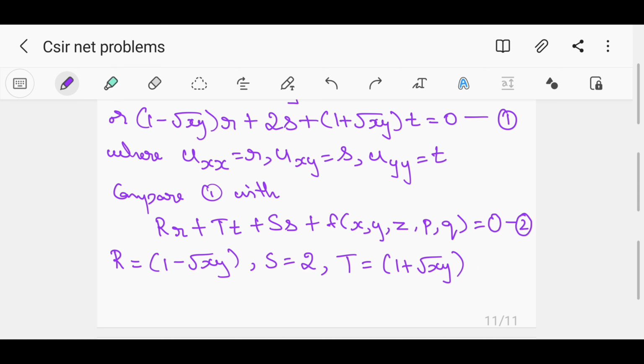That is, taking the coefficient of small r to be capital R, the coefficient of small s to be capital S, and the coefficient of small t to be capital T. Therefore, we have to find capital S square minus 4RT. This we have to find, and if this is greater than 0, then we say it is hyperbolic.